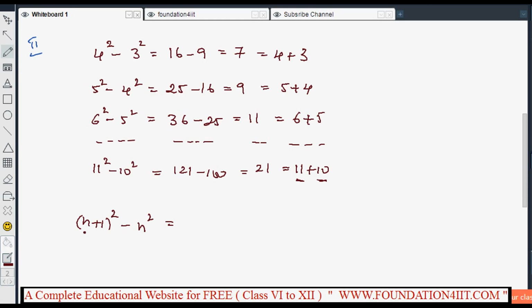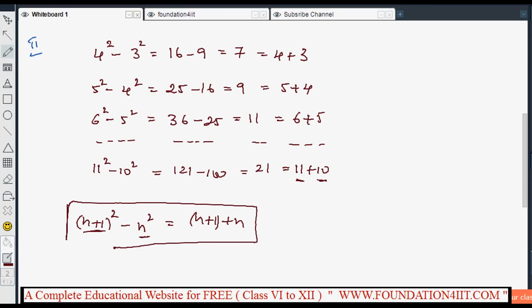The first is n plus 1, the second is n. So n plus 1 whole square minus n square is nothing but n plus 1 plus n. This is the generalized form, and in the place of n we can take any number. You can write 21 square minus 20 square as 21 plus 20, that is 41.